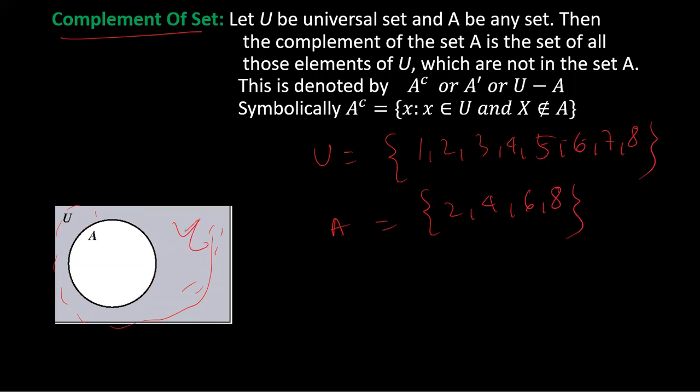So we have just seen in the difference of two sets, the set A will be written here, 2, 4, 6 and 8, and in the universal set other than 2, 4, 6, 8, just mark 2, 4, 6 and 8. So there will be 1, 3, 5, 7.